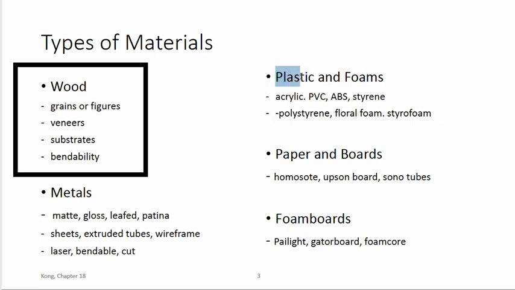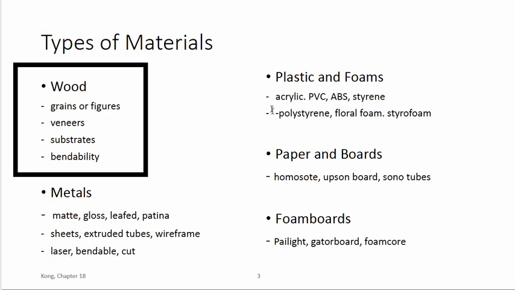You can also use easy access materials like plastic or foams, styrofoams, but those are also hard to manage at home. And paperboard you can also do if you can find white paper and board with no color.